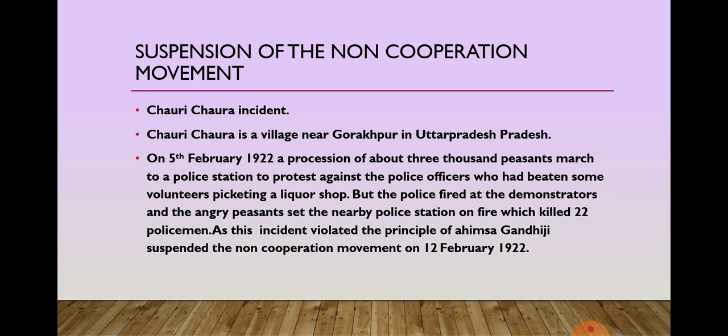Once a group of volunteers were peacefully picketing a liquor shop, they were beaten by some police officers. But the police fired at the demonstrators, and the angry peasants set the nearby police station on fire, which killed 22 policemen. So the incident that happened in Chauri Chaura caused the death of 22 policemen.